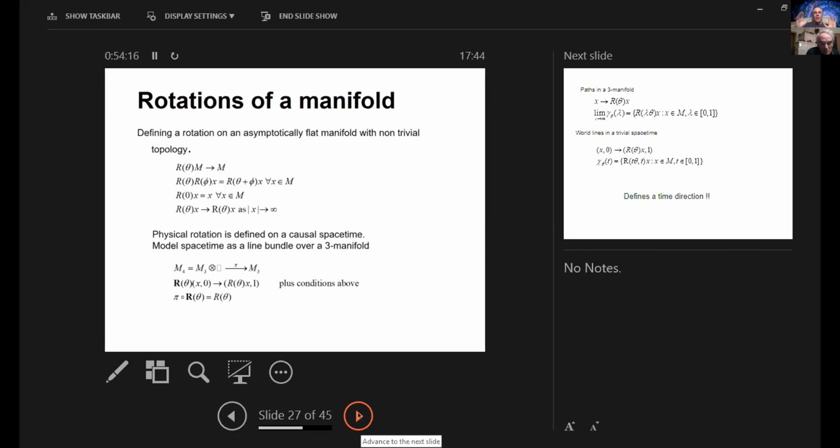Basically, imagine you've got something like a wormhole, some complicated topology, you don't really know what it is, but if it's a particle model, it's asymptotically flat. And we've got a sort of lab frame that it approximates to. We can do a rotation in that lab frame. We can rotate everything around 360 degrees. The question is, can we extend that through the entire model or not?